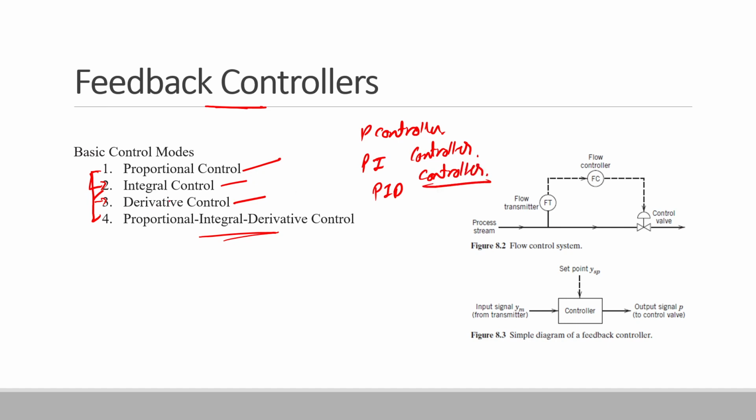We can't simply use the integral control action and derivative control action alone, because we won't be able to reach the set point if we use both of these systems, and the systems might become unstable. I think we already studied this in block diagram representation.